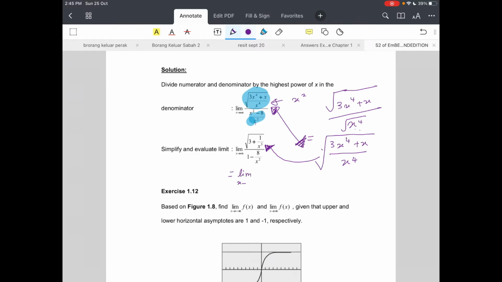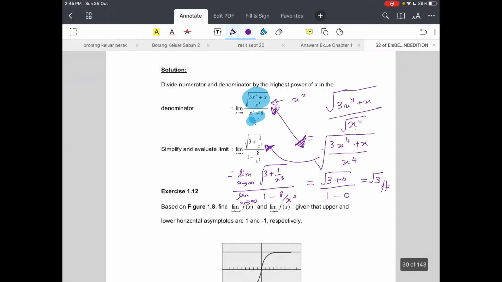If you apply the quotient property rule, the limit property rule, this is the square root of 3 plus 1 over x cubed, divided by the limit as x approaches infinity of 1 minus 8 over x squared. Again, if you plug in the value, you will get 3 plus 0 for the numerator, and for the denominator 1 minus 0, and your final answer should be 3.